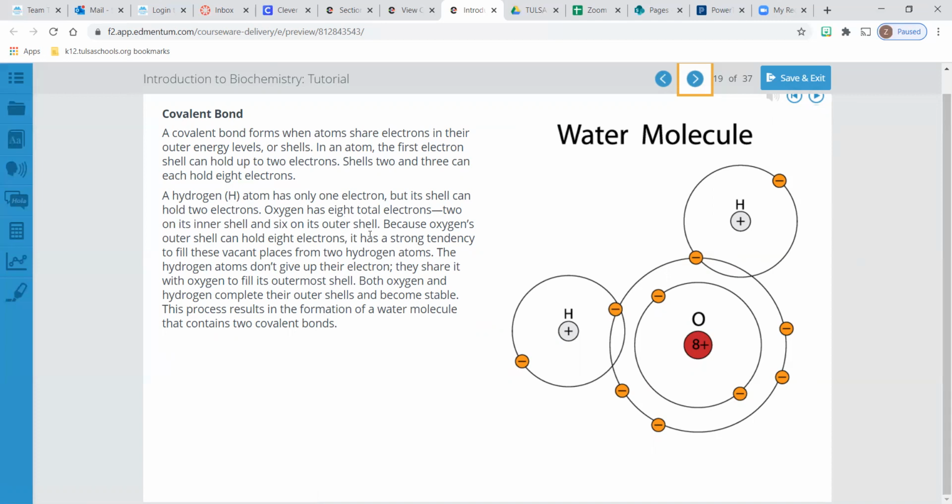So oxygen has 8 total electrons, 2 in the inner shell, leaving 6 for the outer shell. Because the outer shell can hold 8, it has a strong tendency to fill the places that are empty with 2 hydrogen atoms.